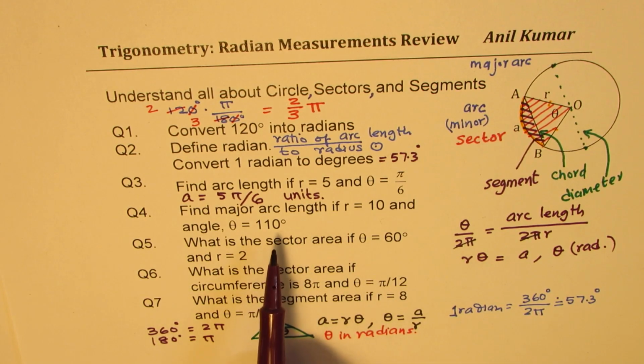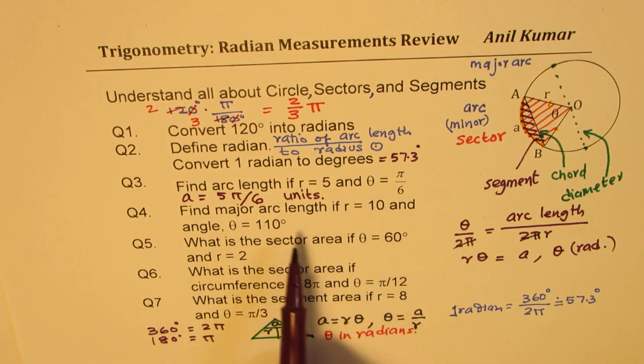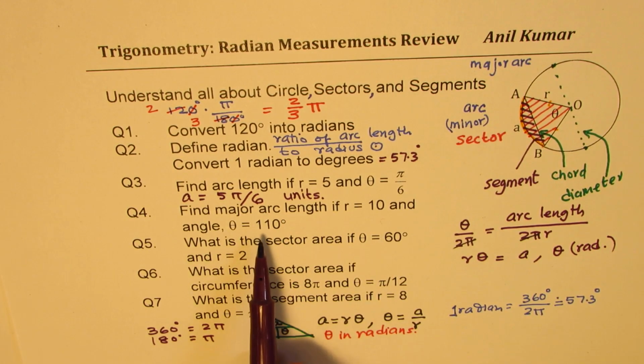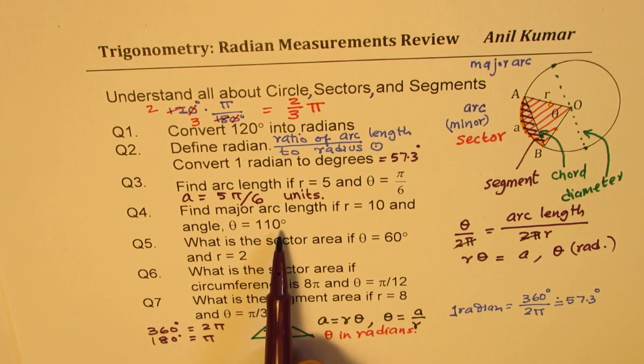One option for you could be to convert this angle to radians and then figure it out, or you could use 2 pi r and find the ratio with the angles. Total angle is 360. So I will use a method where the conversion is not required. Is that okay? Let me show you how to find the solution of this.